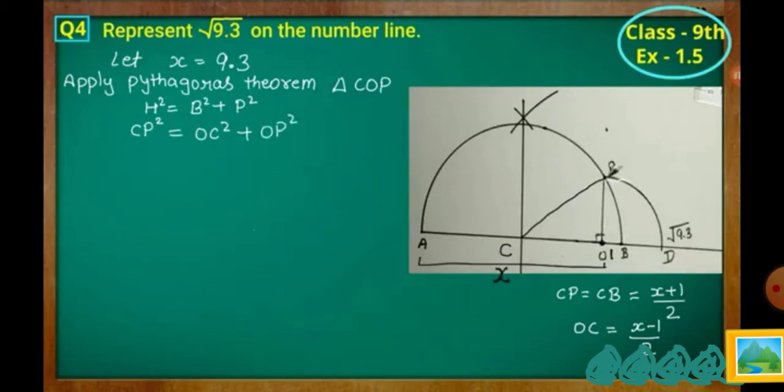Now here we have to find out OP. So CP square minus OC square is equal to OP square.